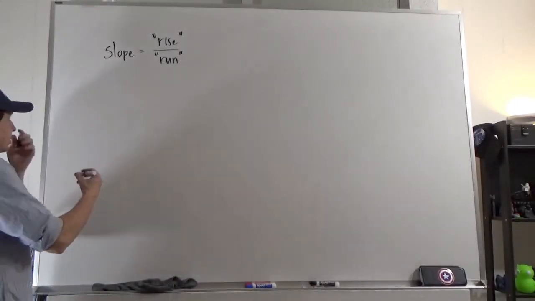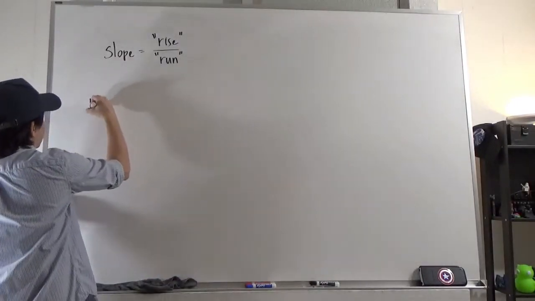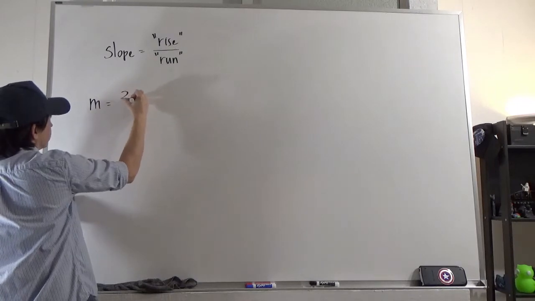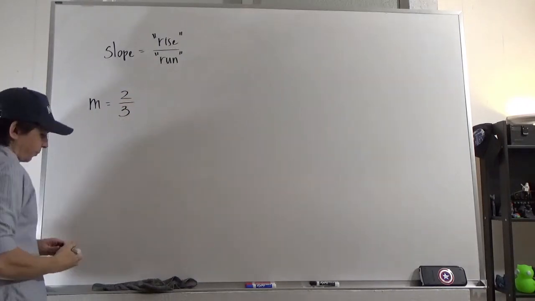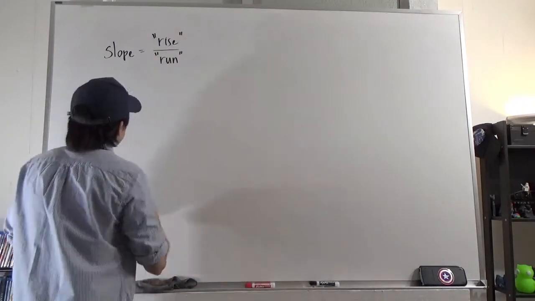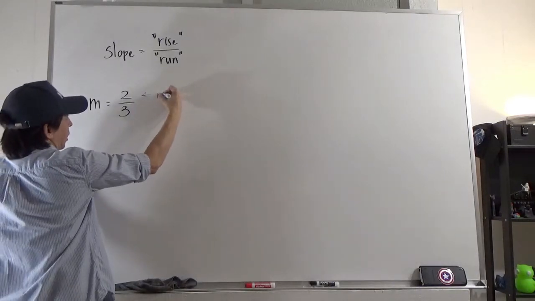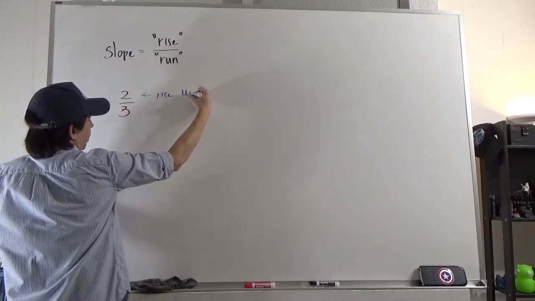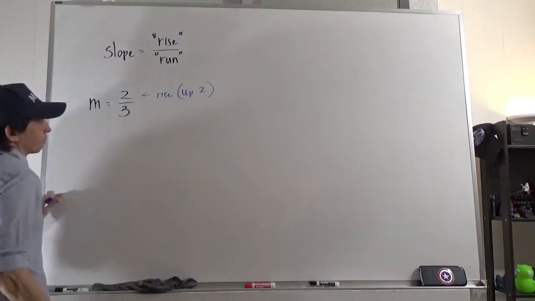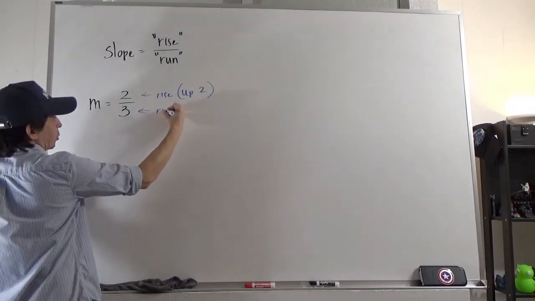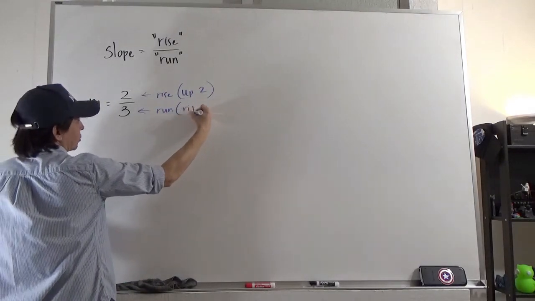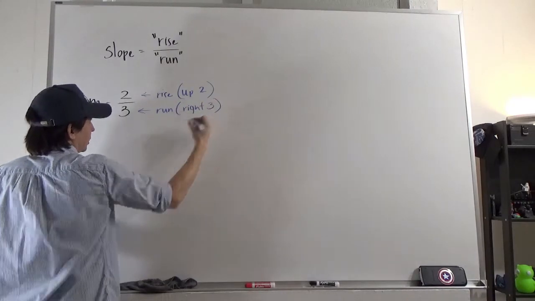So when I have a slope of 2 over 3, the 2 is my rise, so that means I'm going up 2. The 3 is my run, so I'm going to go to the right 3. Again, always to the right.